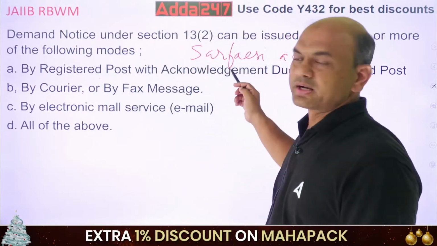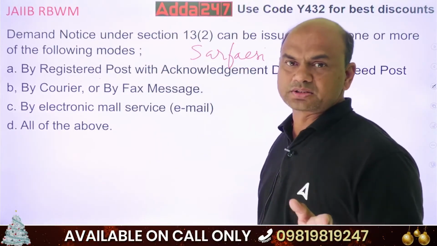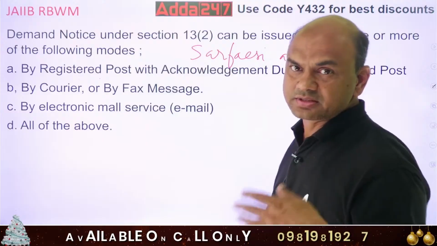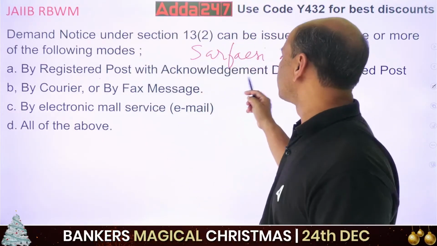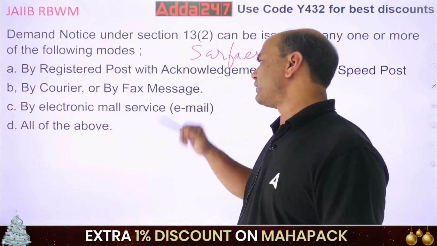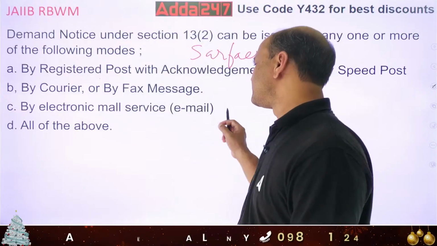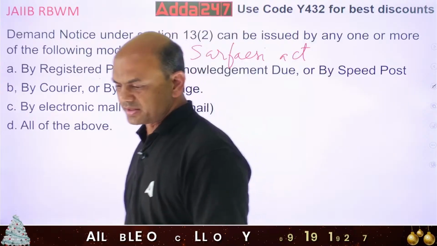So we are discussing the SARFAESI Act, section 13(2). The demand notice under SARFAESI Act 13(2) can be given by what? Registered courier with acknowledgement due or by speed post, by courier or fax message, by electronic email services, all of the above. So how should you send it?